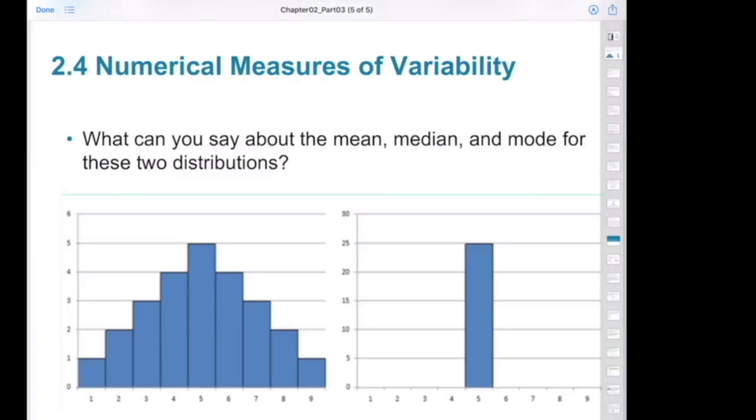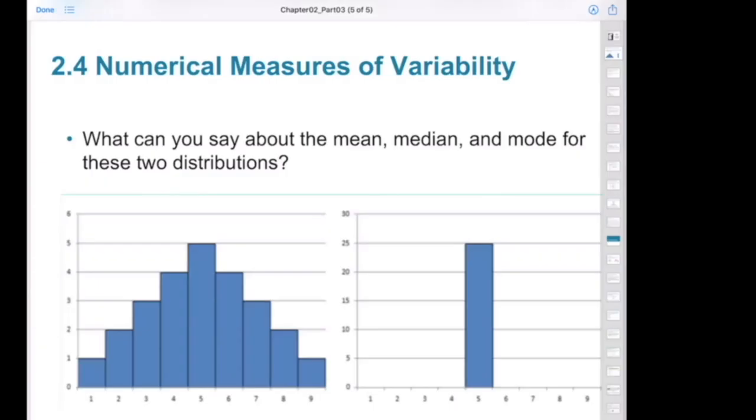But look at the distribution to the left. You have the range from 1 to 9. So which one is more variable? The left distribution or the right distribution? Yes, the one on the left is more variable, as you can see here.